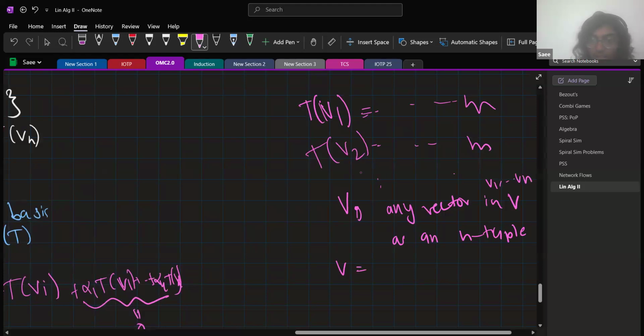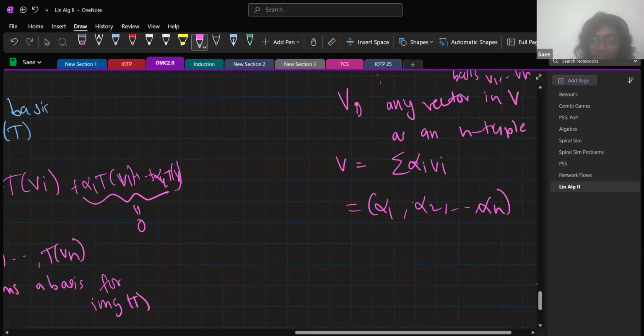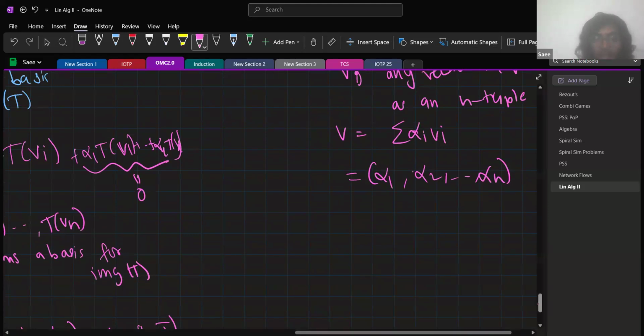Then if V can be written as summation alpha i Vi, then you can just think of V as this tuple alpha 1, alpha 2, up until alpha n, or as the vector alpha 1, alpha 2, ..., alpha n in F^n.